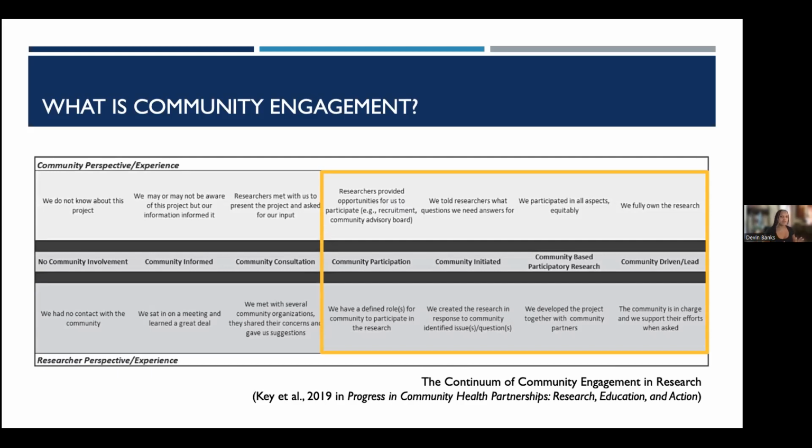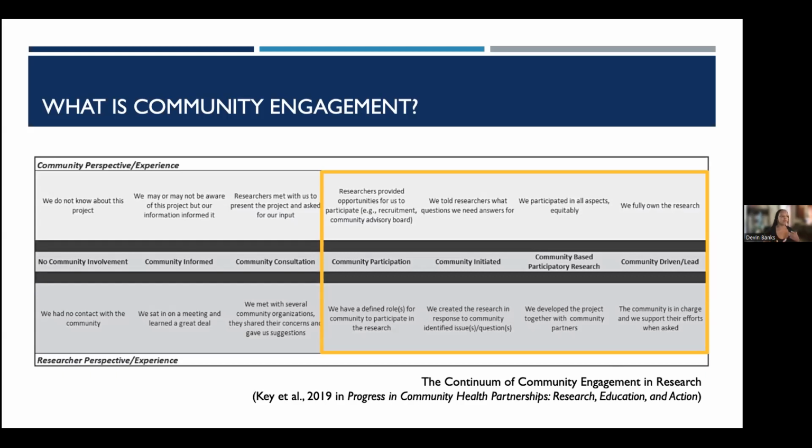But the difference really for me in the shift from community consultation to community participation is you have defined roles for community members. And whether that's an MOU or some other type of agreement, the community knows exactly what part they are playing in this research. And you can see the way the language changes as well, right?